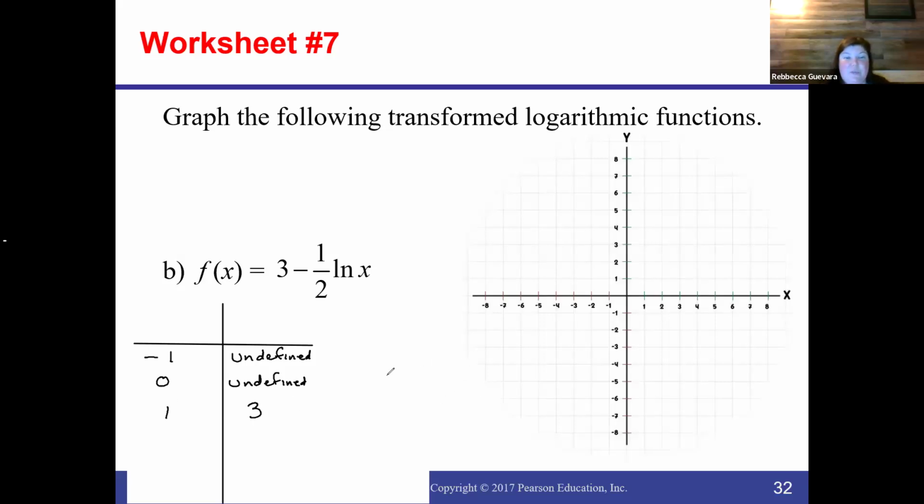So what we're seeing here is, once again, we have some sort of asymptote here. Let's pick something between 0 and 1. So let's say 1/2. I put it in wrong, oops.